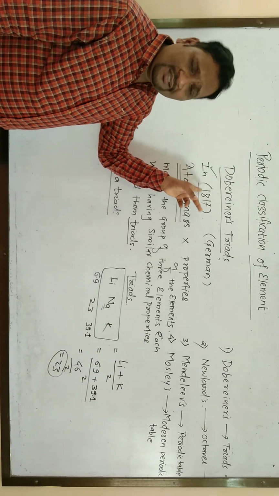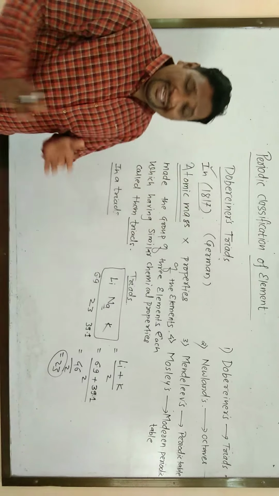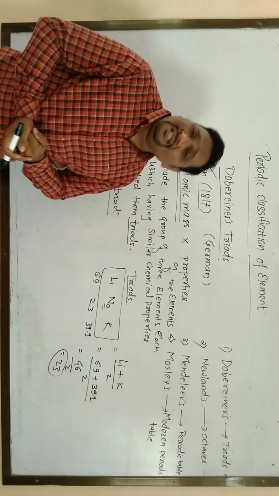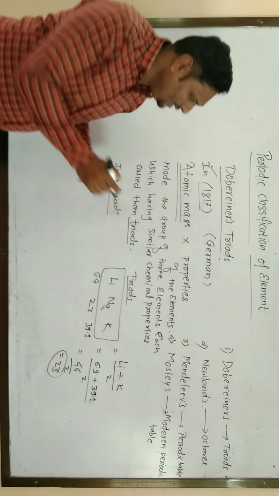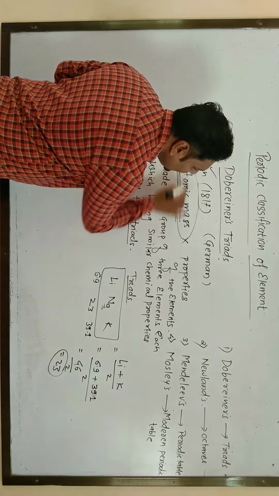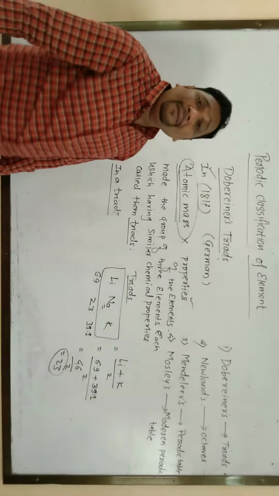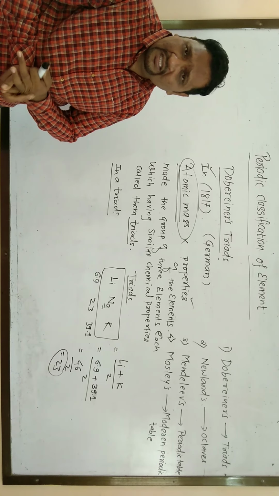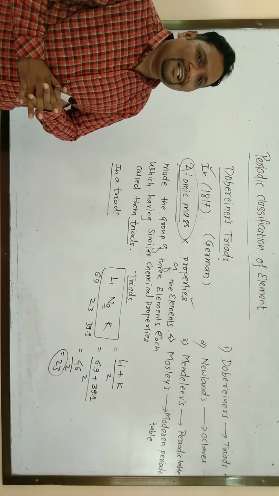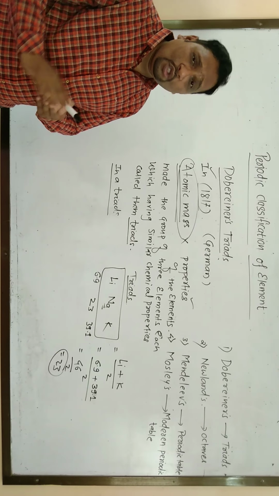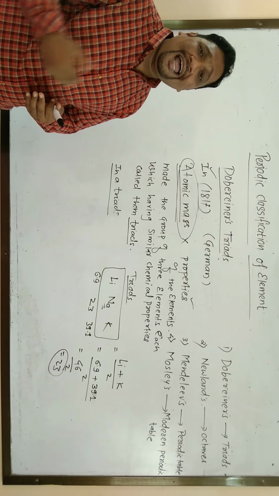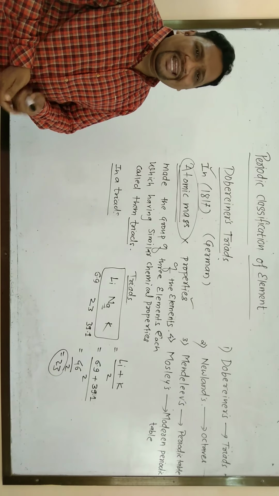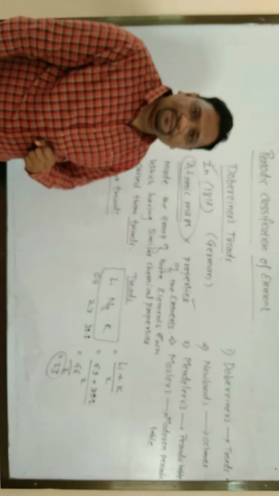He suggested that there is a relation between atomic mass and the properties of the elements. It means that if atomic mass changes, the properties of the elements also change. So he selected atomic mass as the criterion for classification.